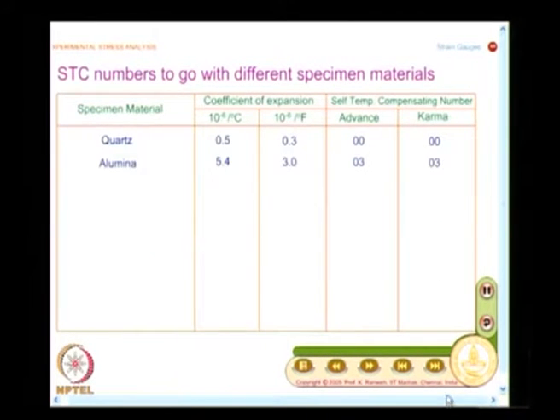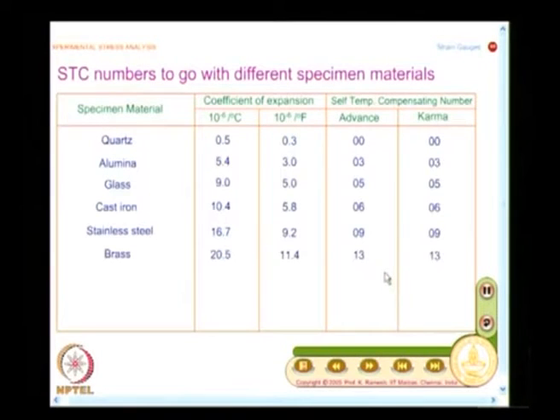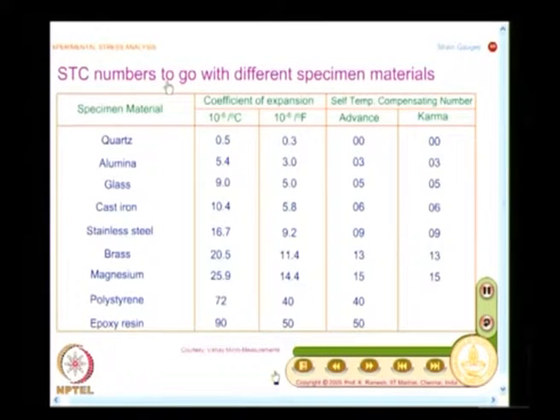And they also have numbers associated with the gauges. I said, when I say self temperature compensated gauges, they are selected for a given specimen material. The coefficient of expansion is given in terms of per degree centigrade and per degree Fahrenheit for various base materials. And if you look at the self temperature compensating number, it is given for advance alloy as well as Karma alloy.